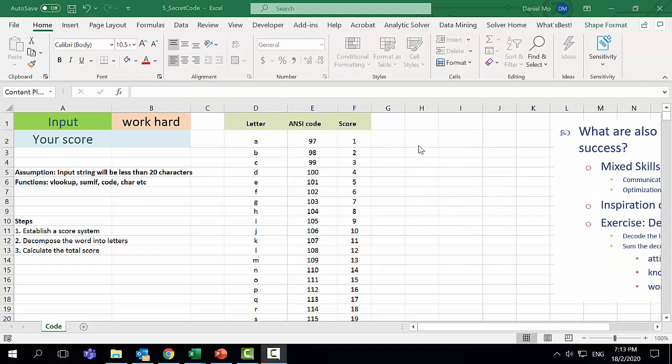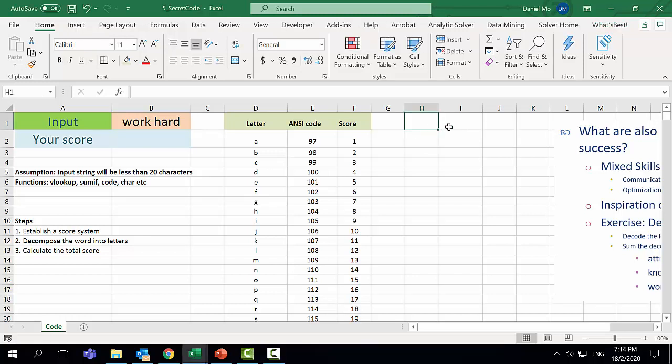In step 2, we need to decompose the words into the letters. So by that, the input is the index of that word, and then we want to retrieve the corresponding character of such word, and finally the subscore. What does this mean? For example, for the word WORK HARD, it is composed of X letters, right?